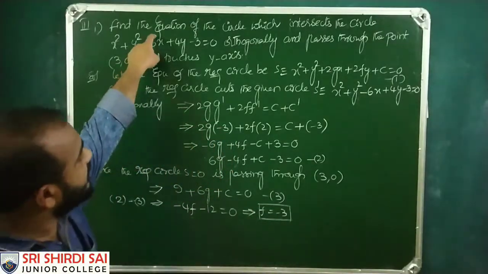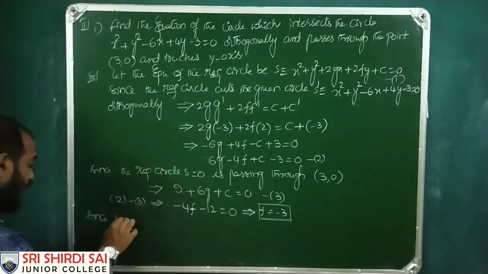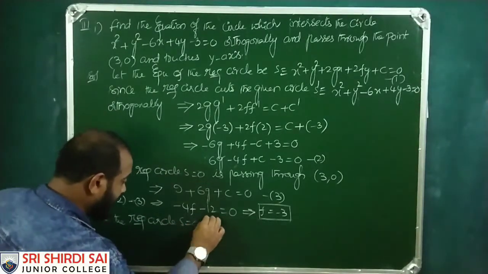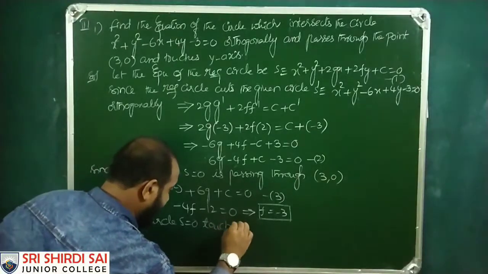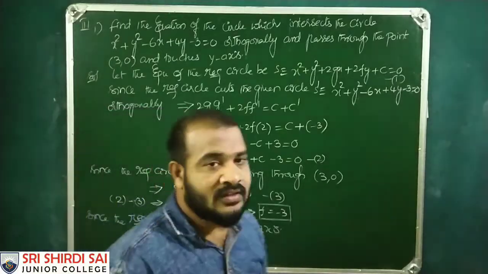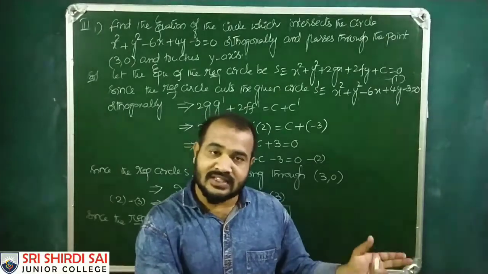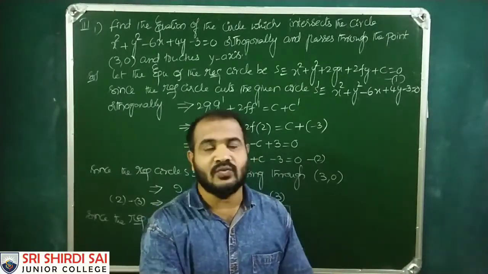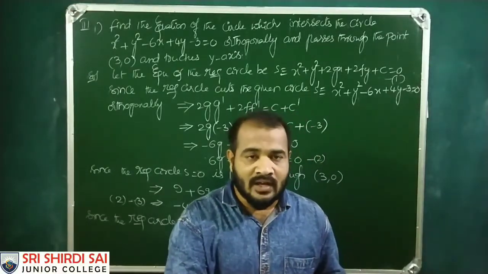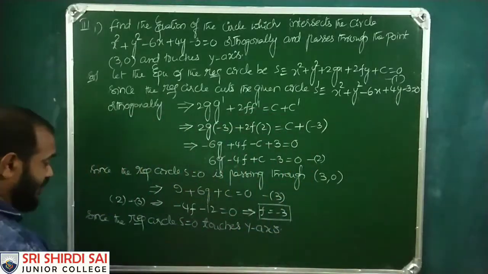Since the required circle S equals 0 touches the y-axis, in the circles lecture we have discussed this. Whenever a circle touches the x-axis, g square equals c is the condition. In the same way, whenever a circle touches the y-axis, f square equals c.